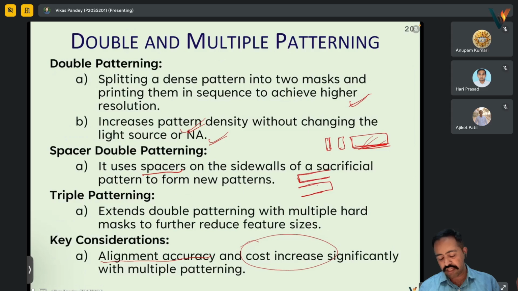patterns like this, very dense. But instead of this, we are doing two patterns. First we make a box kind of pattern. And in the second case, we made a pattern just to remove these two parts.